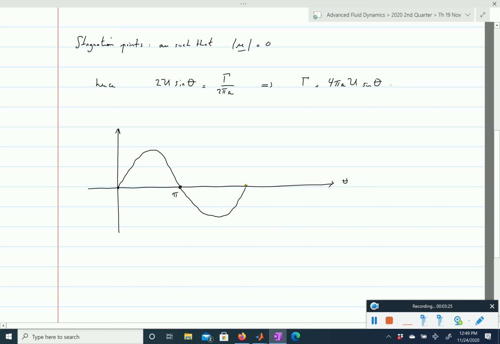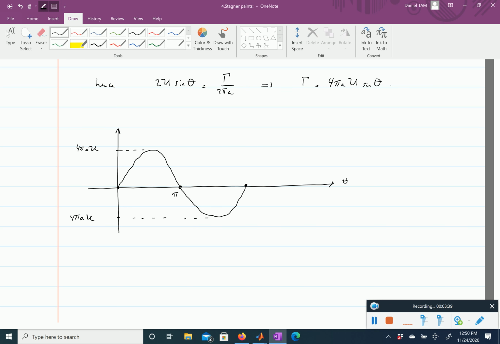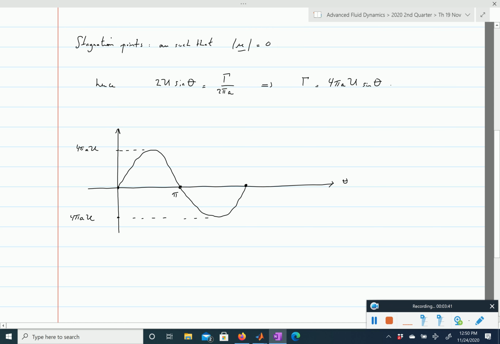The maximum value here is 4 pi a u. We'll start with gamma equals 0, which corresponds to here.